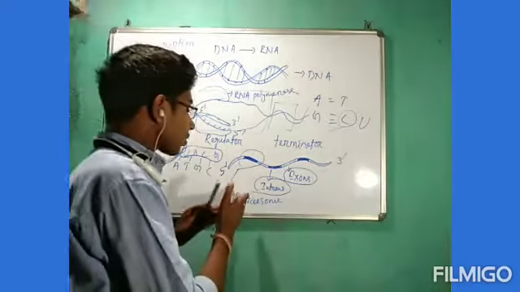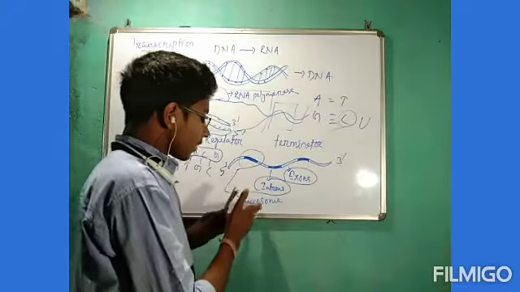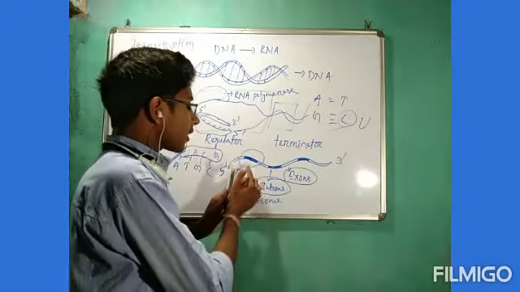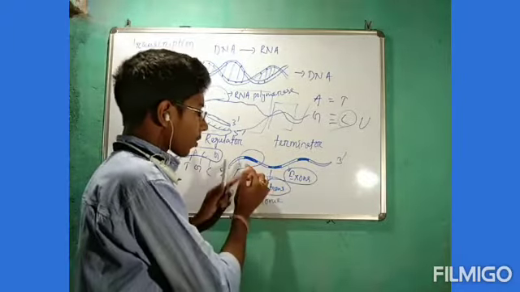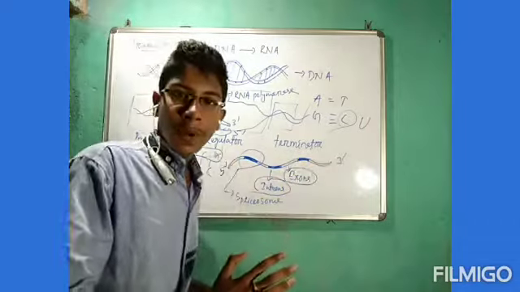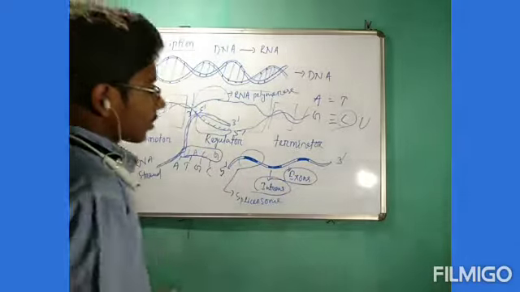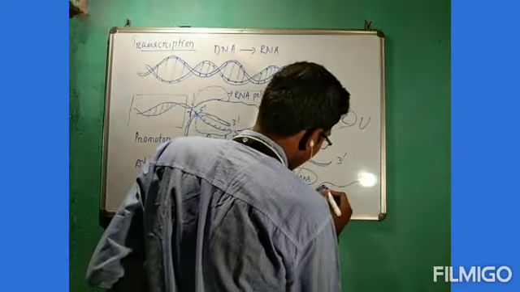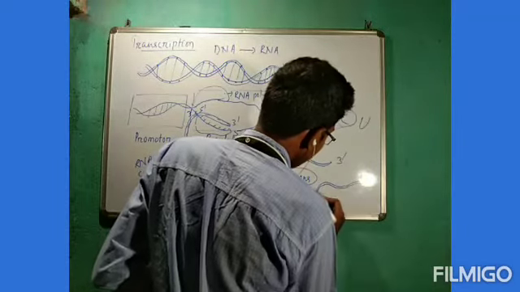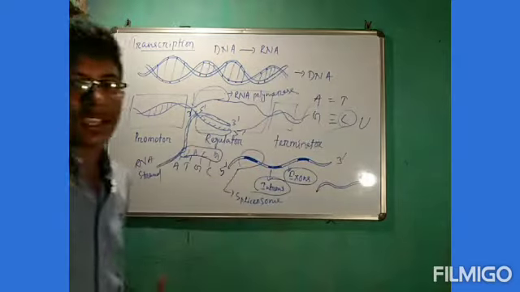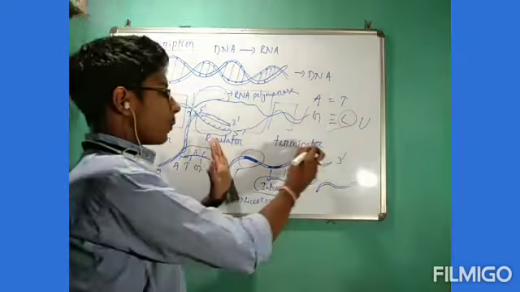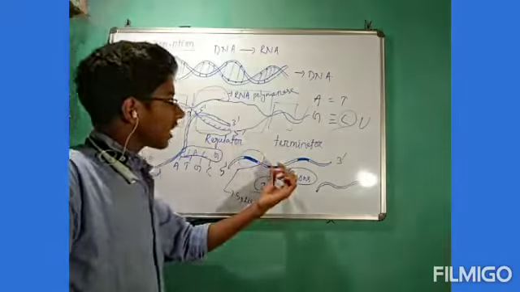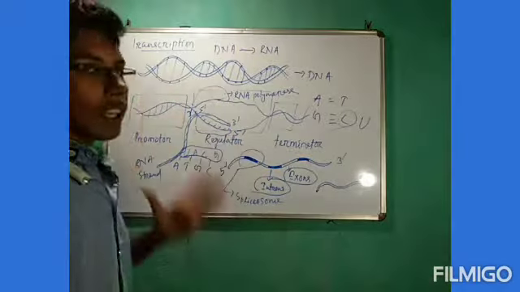By the process of splicing, we remove the non-coding or intron sequence from the complete RNA sequence. After removing the non-coding sequence, a complete mRNA is formed from this RNA sequence that is transcribed from the DNA sequence.